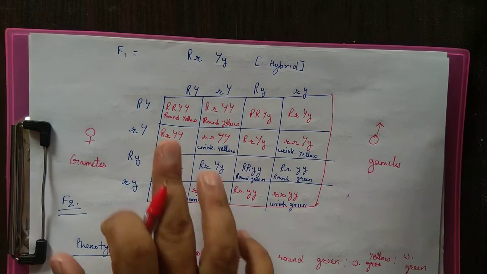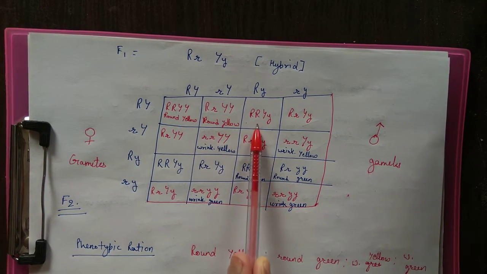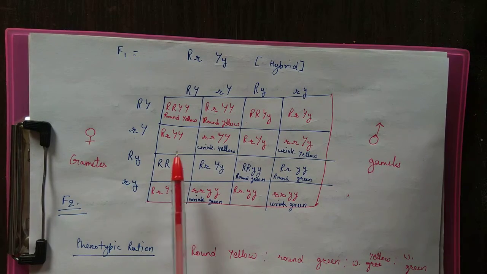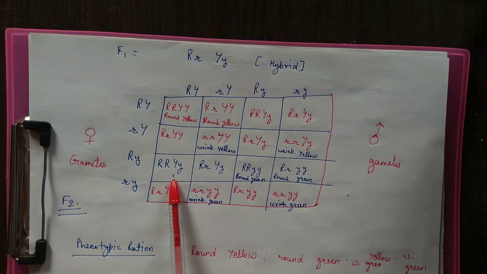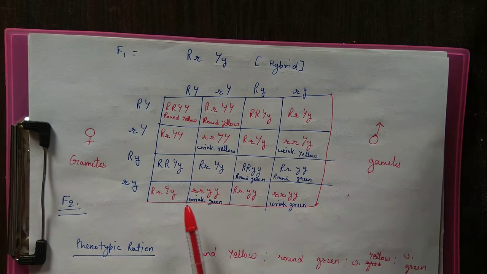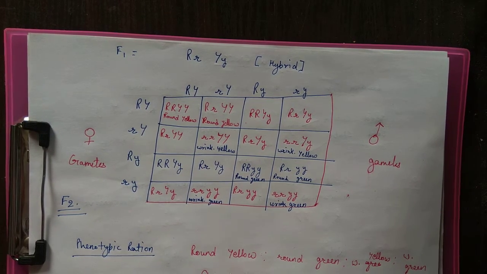We observe from this table, this one is round yellow, this one, and this one. So 4, this one 5, 6, 7, 8 and 9. So the round and yellow are 9 in phenotype.